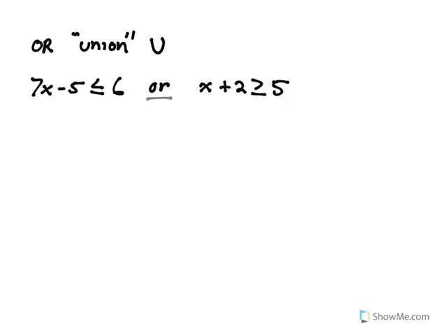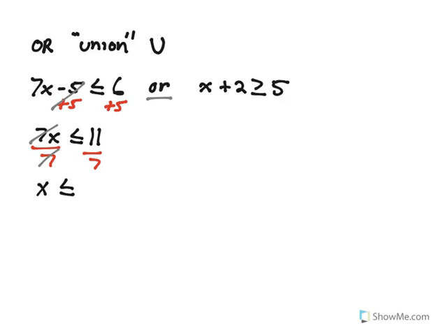And let's go ahead and solve these individually. So we're going to isolate the x. So we're going to add 5. So this cancels, and you're just left with 7x less than or equal to 11. I'm sorry, not 1, 11. And then we divide both sides by 7, so the 7's cancel.